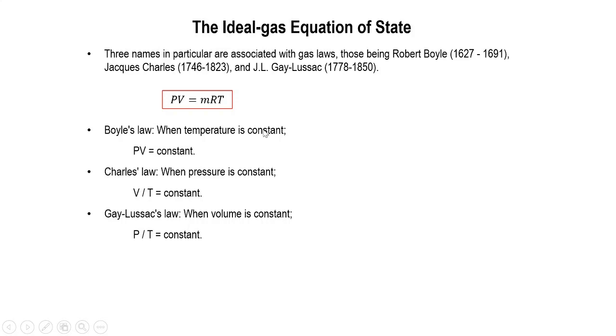For Boyle's law, the temperature is assumed constant, so PV is constant. For Charles's law, the pressure is constant, so V over T is constant. By Gay-Lussac's law, the volume is constant, so P over T is constant.